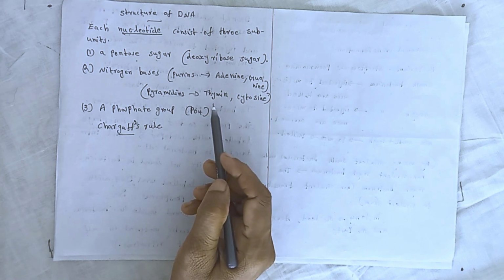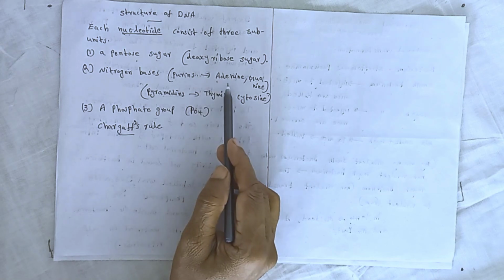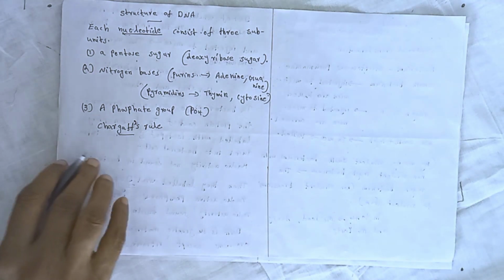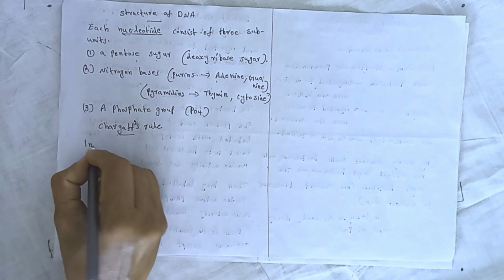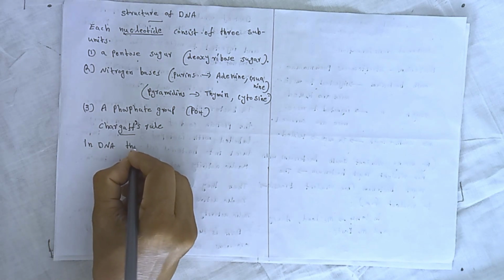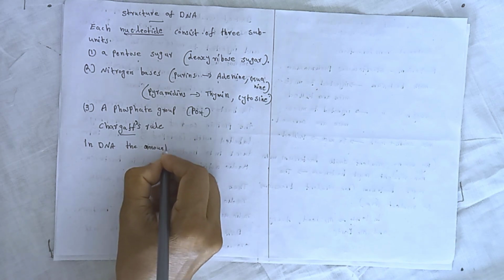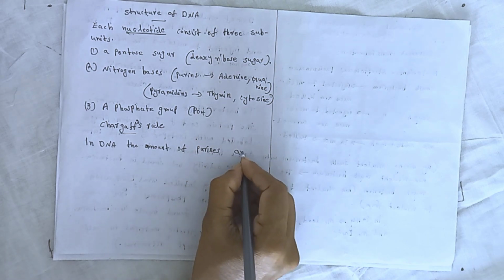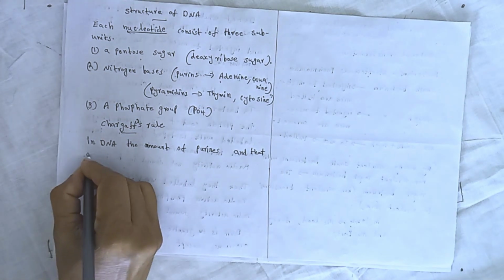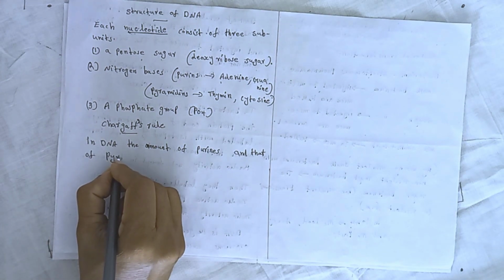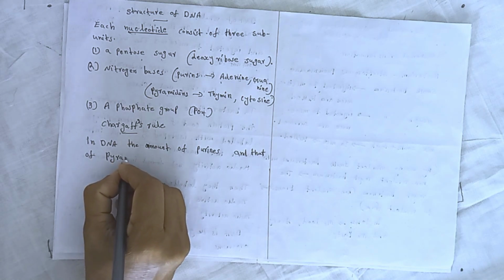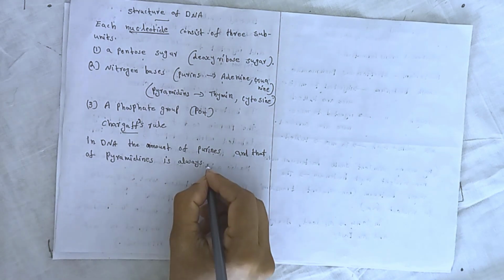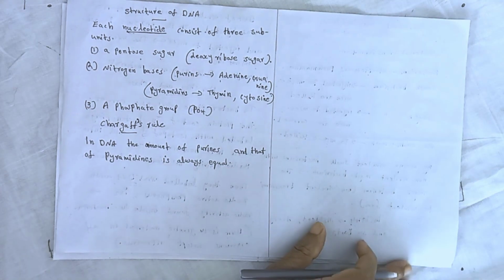In DNA, the amount of purines, that is adenine and guanine, and that of pyrimidines, that means thymine and cytosine, is always equal. That is known as Chargaff's rule.